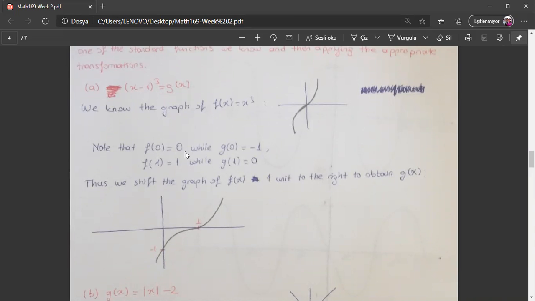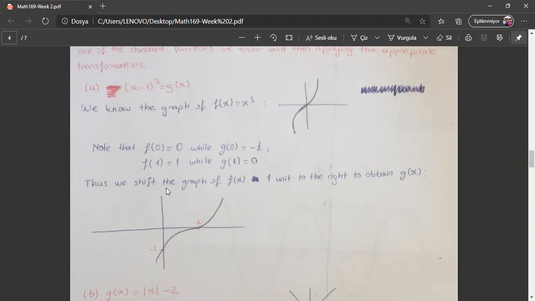F of 0 is 0 by definition of the function, while the value of g at 0 is -1, right? We put x equals 0 and we get -1 to the 3, which is -1. What about 1? Here we have 1, and here we have 0. 1 minus 1 to the 3, we get 0.